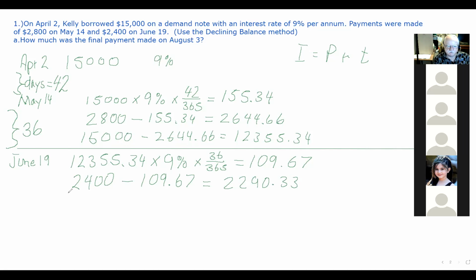So find the principal again. 12355.34 minus 2290.33, and we'll again find the balance of the loan. 10065.01.